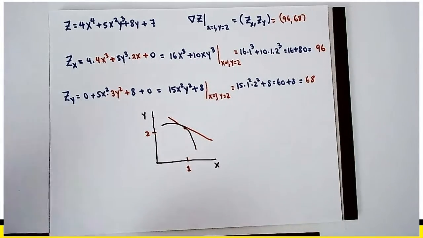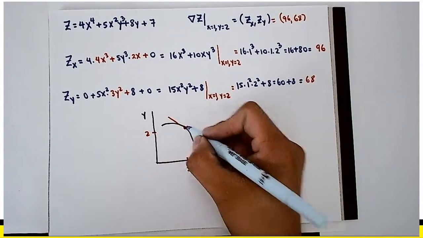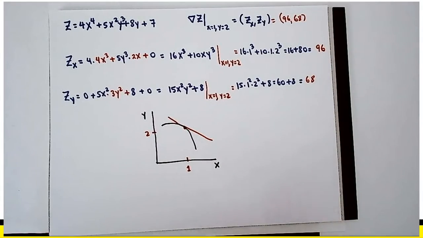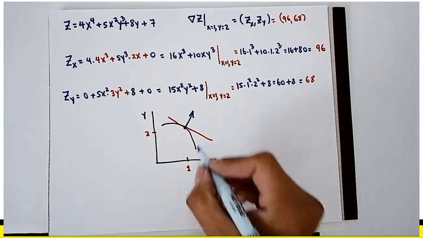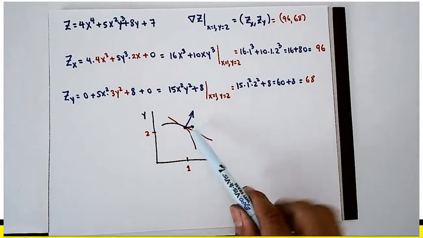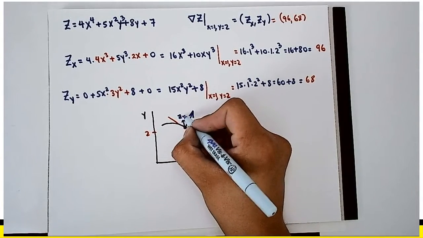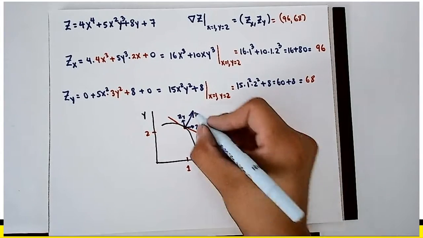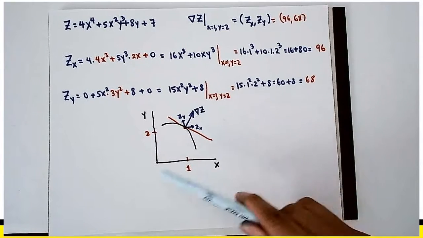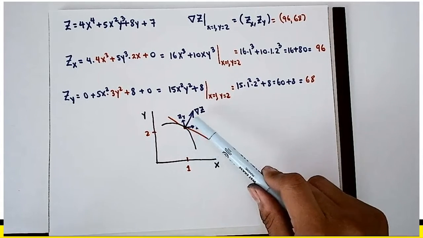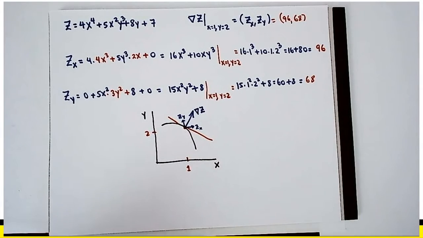Notice that the x element is positive and the y element is positive. So that means that this one is going in that direction because the x component is positive and the y component was also positive. This means that the gradient goes in that direction, which means that every time that we go to the right and up, the function will increase in value.